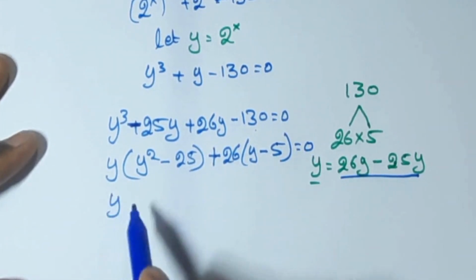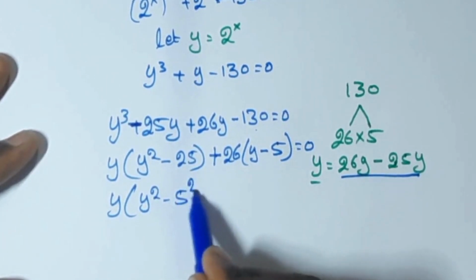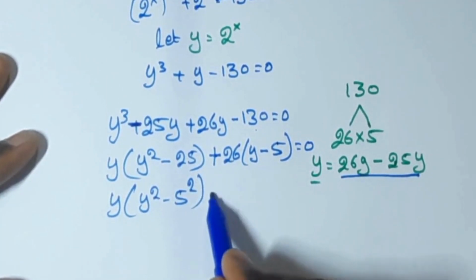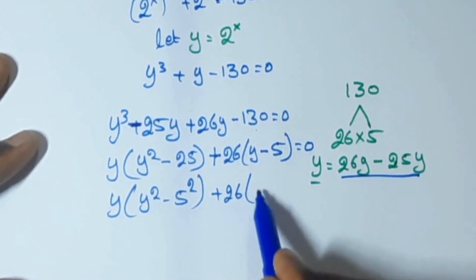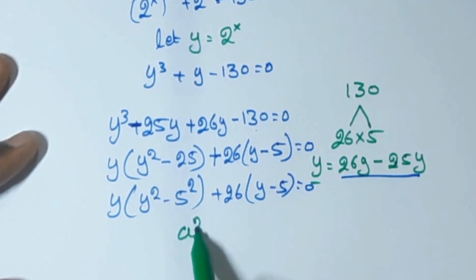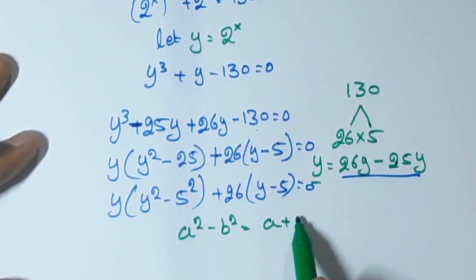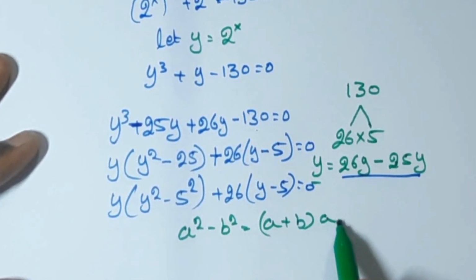Now y cubed minus 25y, this 25 can be 5 square, plus 26 times y minus 5 equal to 0. Formula: a square minus b square equal to (a plus b)(a minus b).